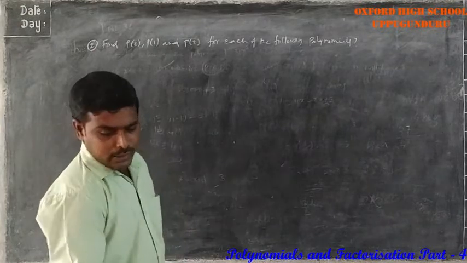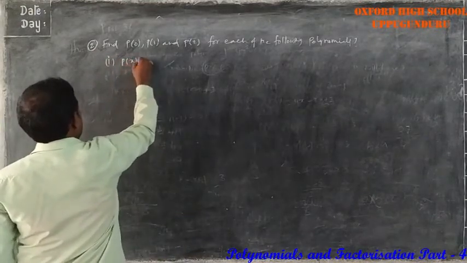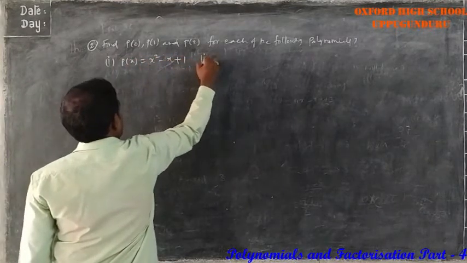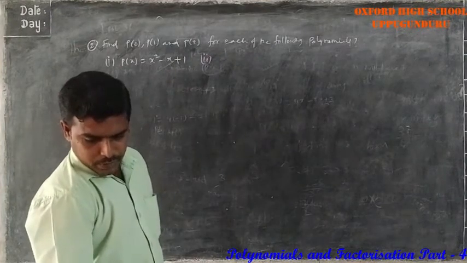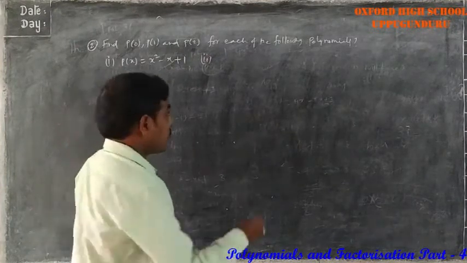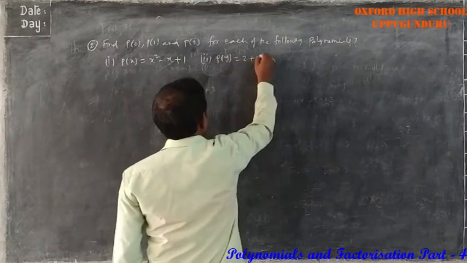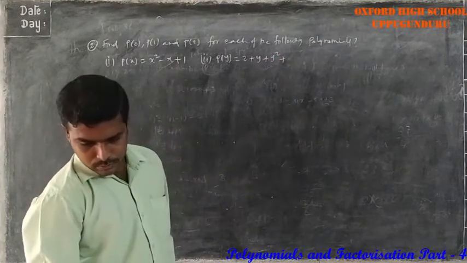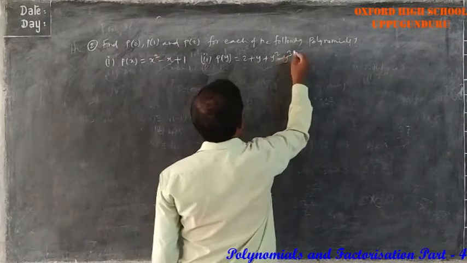P of x equal to x square minus x plus 1. First one. P of x equal to x square minus x plus 1. Second one. P of y equal to 2 plus y square minus y cube.